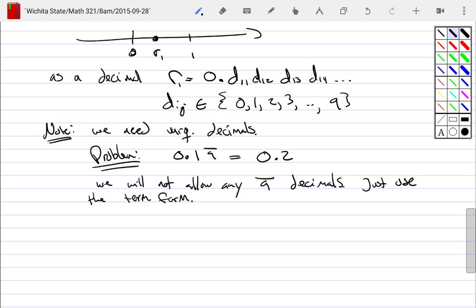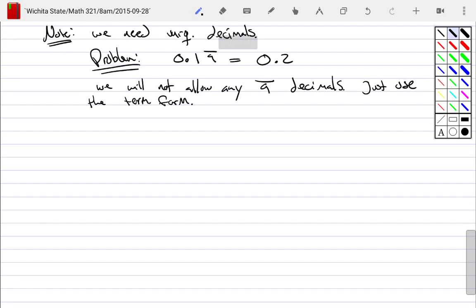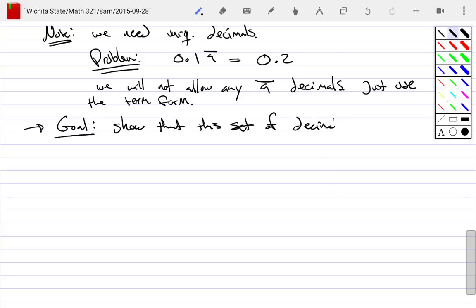Now, that set of decimals, what's our goal? It is to show that this set of decimal reals from 0 to 1 are uncountable. The problem is the word un. Un means what? Not. Big problem in math.